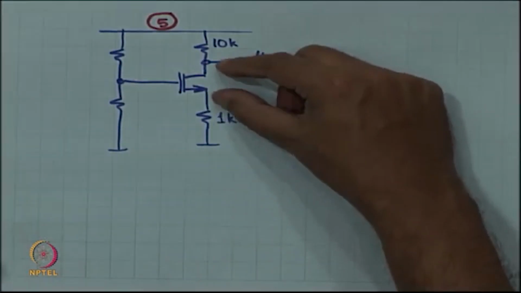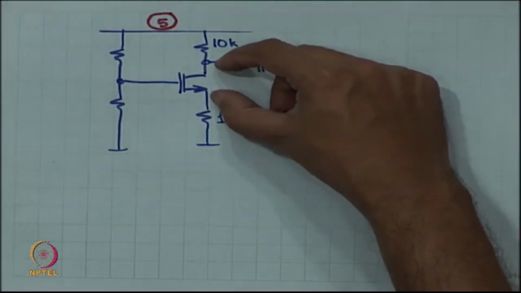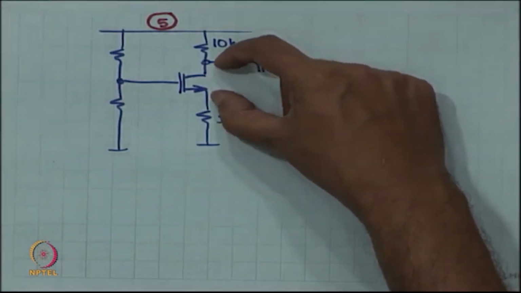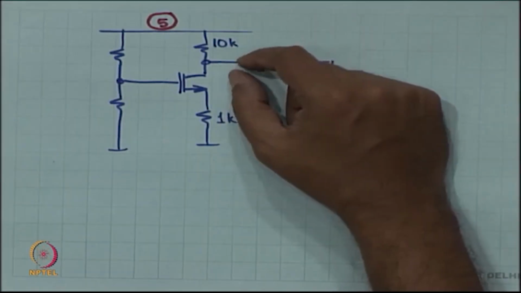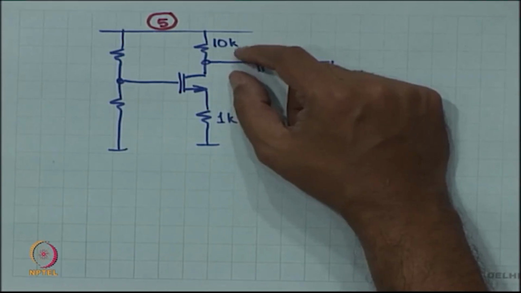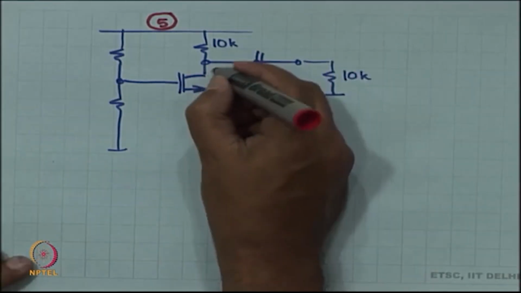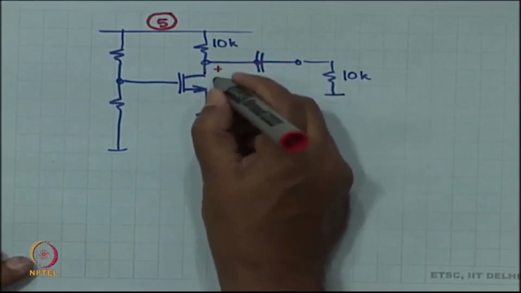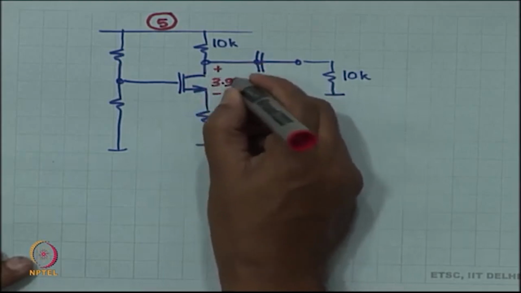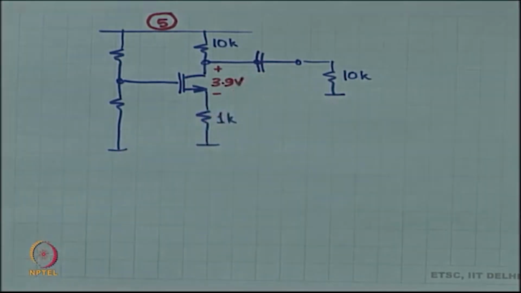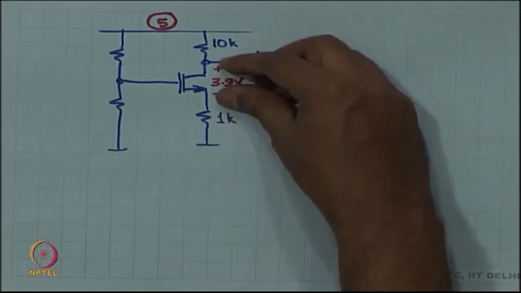And let us budget for the DC operating point, what would be a nice number, 3.9 volts would be nice, of VDS at DC. Okay, so DC operating point I am going to budget, this is just a budget. Okay, so 3.9 volts over here.